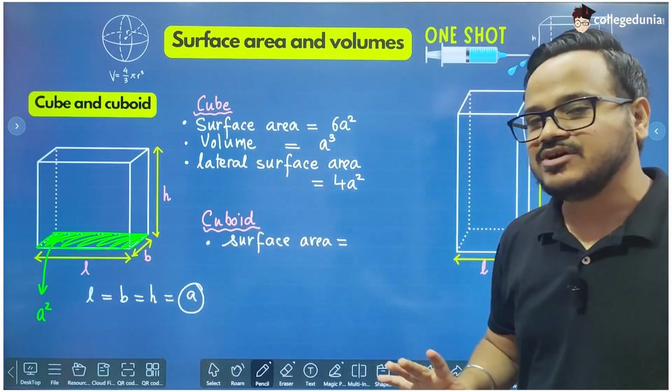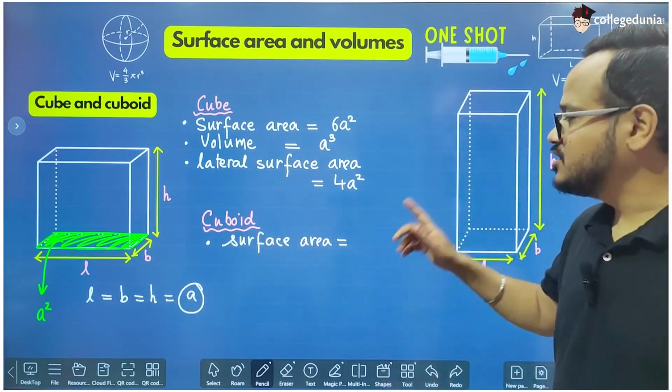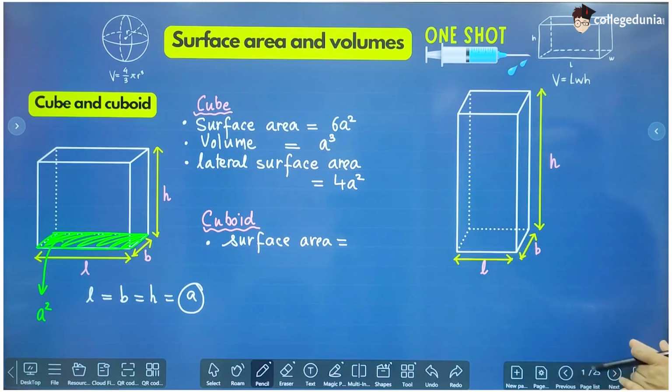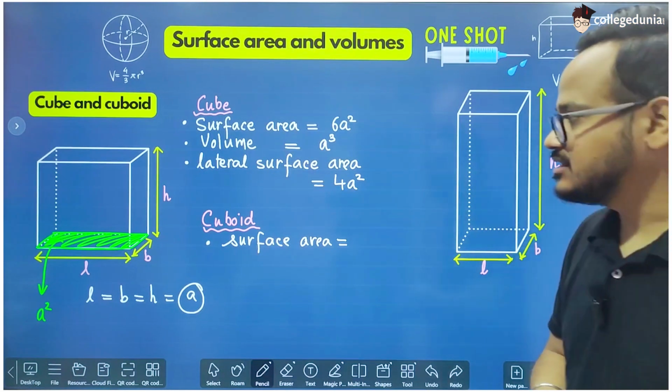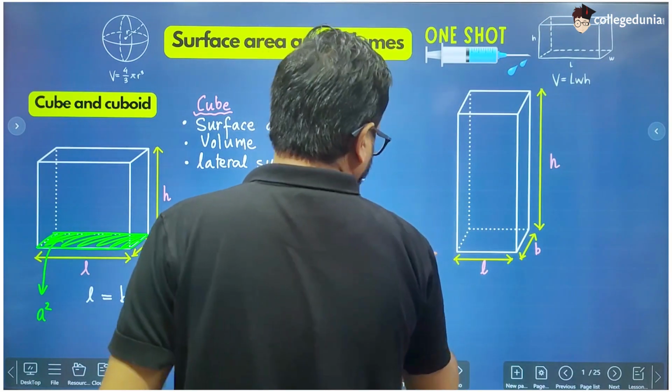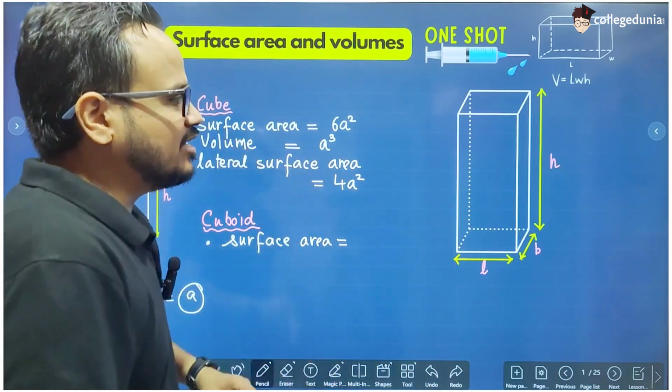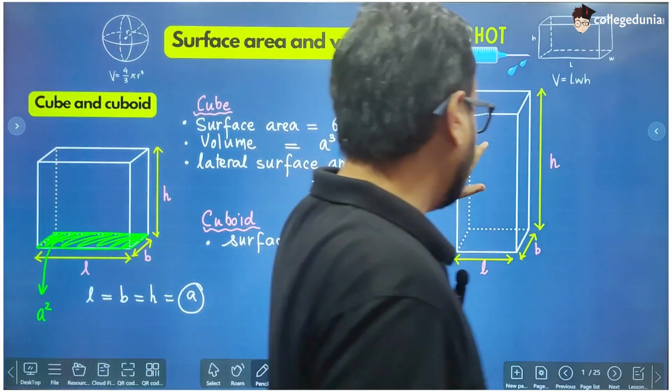Cube has all the 6 faces in the shape of square, but cuboid has the 6 faces in the shape of rectangles, and the area of all the rectangles is different. Pair wise the area is different.